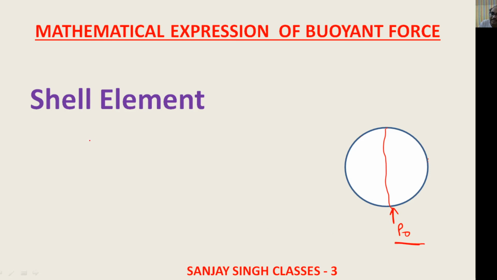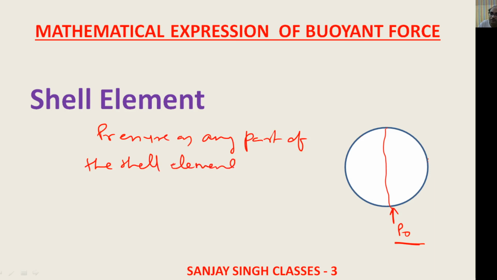So we can say that the pressure on any part of the shell element is equal to P0 minus rho 0 Z0 r minus r cos theta.